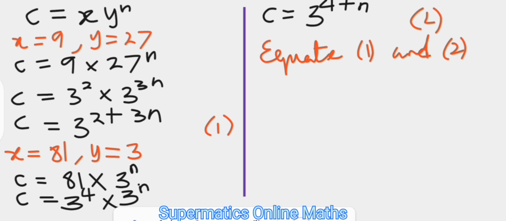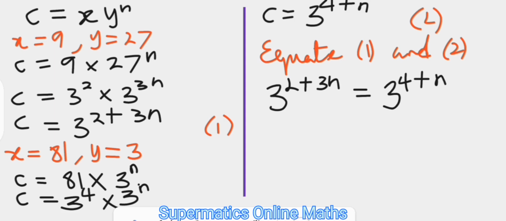2 to give us 3 raised to power 2 plus 3n on the left and 3 raised to power 4 plus n on the right. Having the same base of 3, we can equate the exponents.